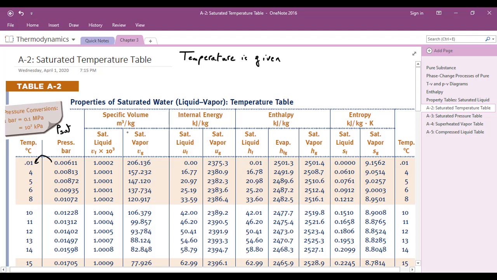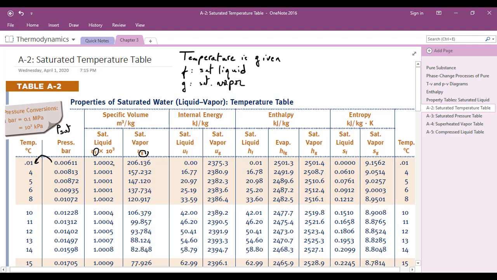Next, we have the specific volume. It is divided into two columns. The first column is the saturated liquid specific volume and is denoted by a subscript f. So f means a property that corresponds to the saturated liquid state, and g corresponds to the property of saturated vapor. If you see here, for the saturated liquid, the specific volume vf is multiplied by 1000.